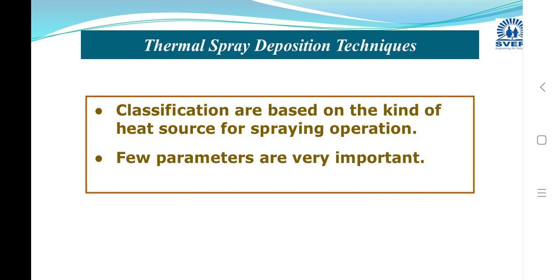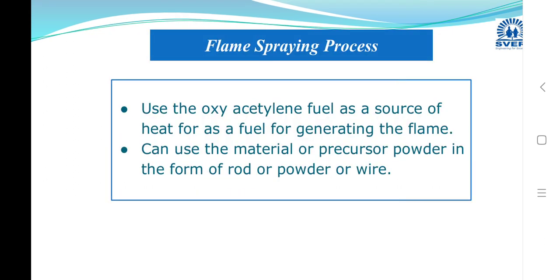These few parameters are very important; they act as the driving force for the classification. Among all these processes, flame spraying is the oldest, most primitive in nature, and also quite cheap. So first we will go for the flame spray process.